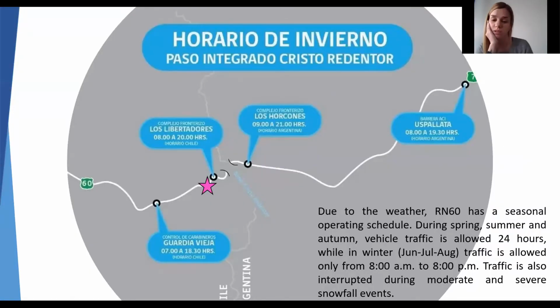And this road has a curiosity: it has a seasonal operating schedule because of the weather. During spring, summer, and autumn, vehicular traffic is allowed all day, but in the austral winter, June, July, and August, traffic is allowed only during the day, from 8 a.m. to 8 p.m. Traffic is also banned during moderate and severe snowfall events.